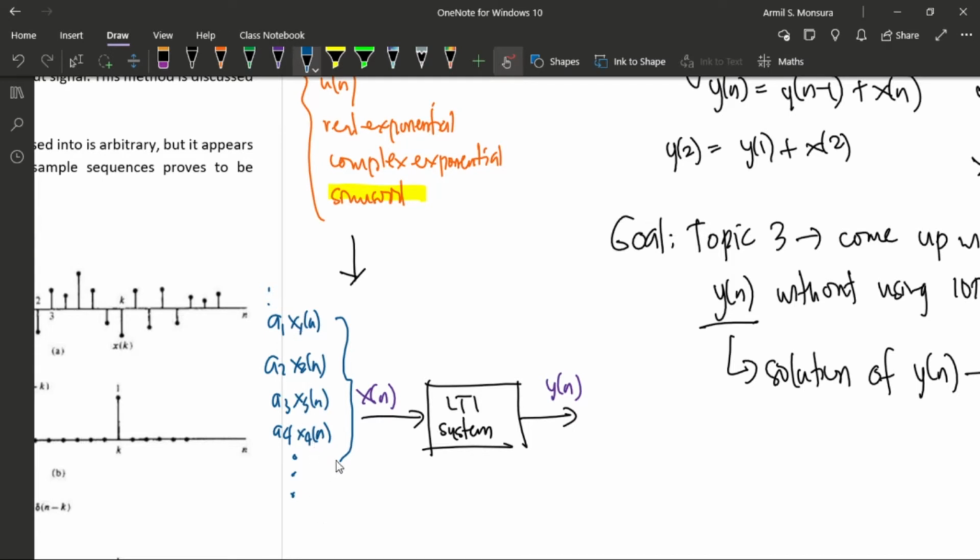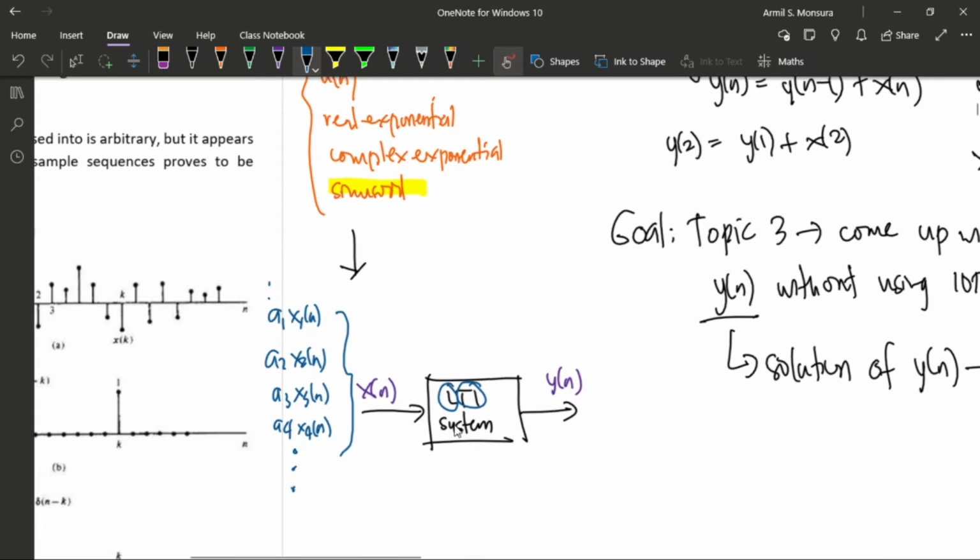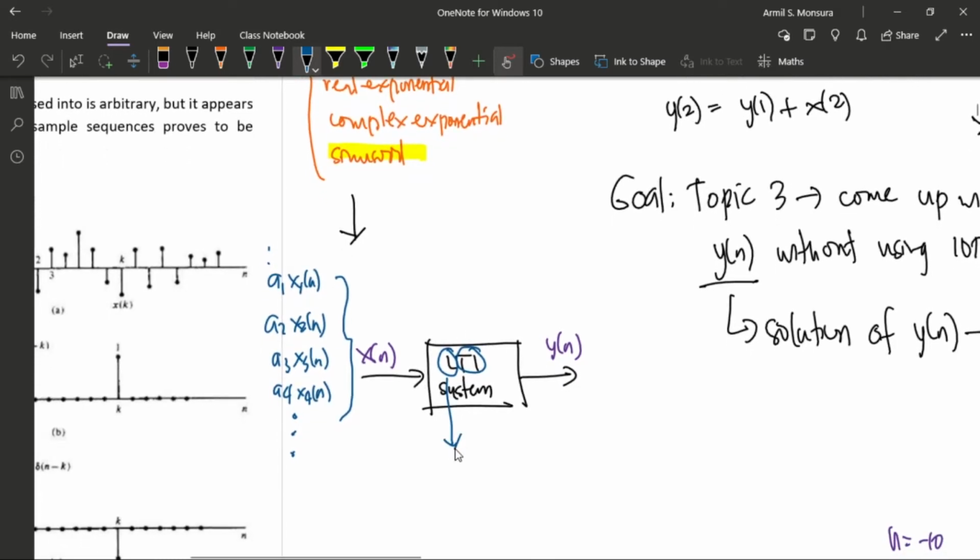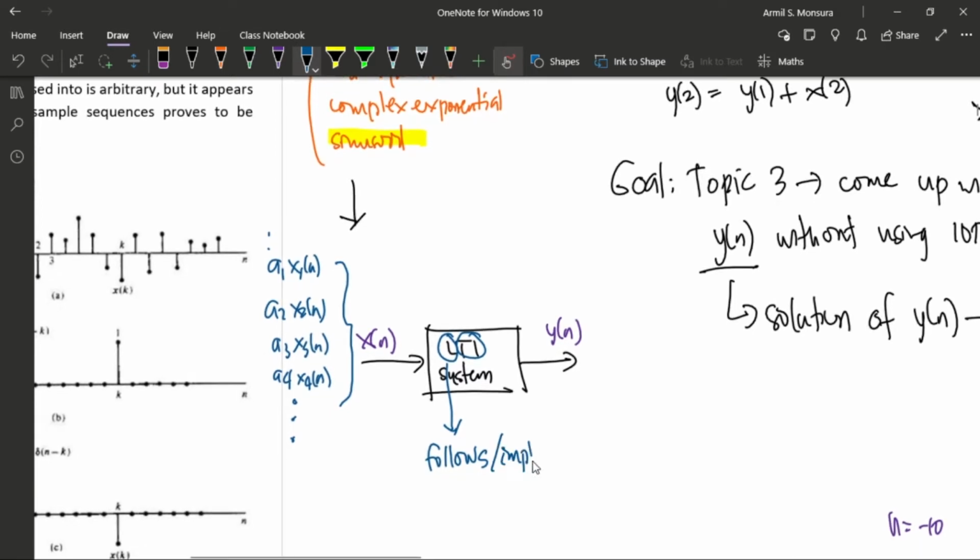Ngayon, supposedly, if this system is linear and time invariant, okay? Then tandaan nyo ang isang system that is linear, it implements yung tinatawag nating superposition theorem. Okay?